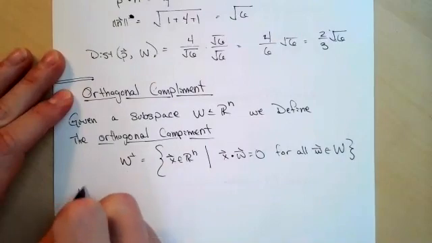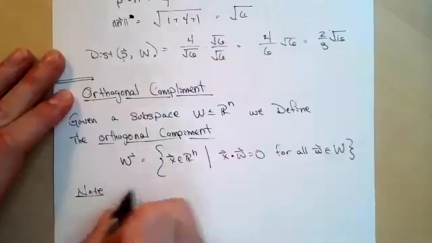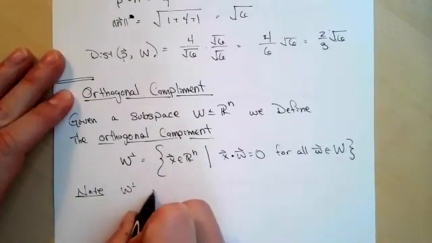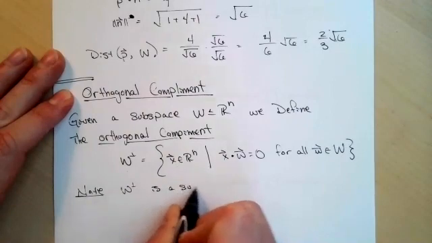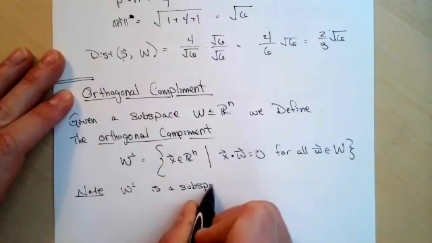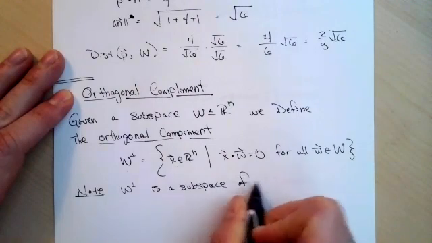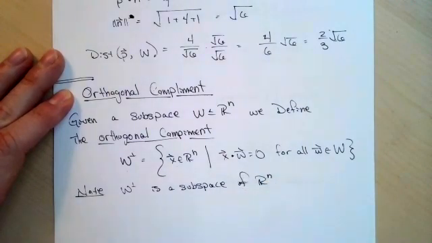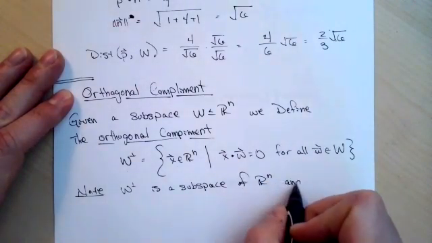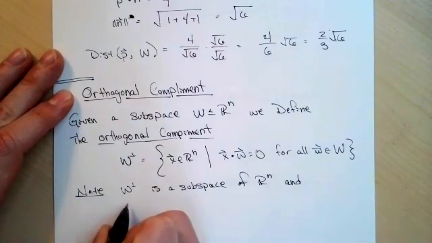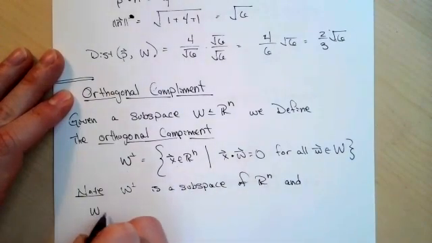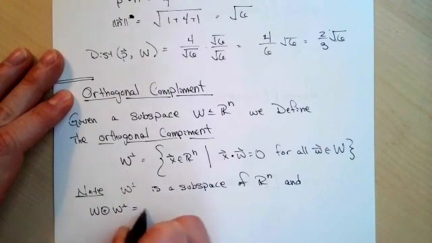And so note, this W perp is a subspace of Rn. And I'm going to write W plus W perp is going to give us Rn.